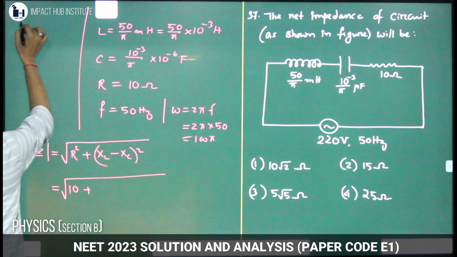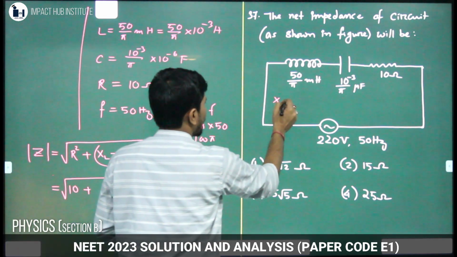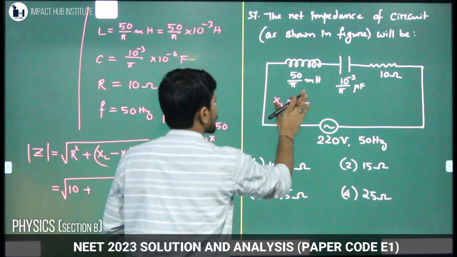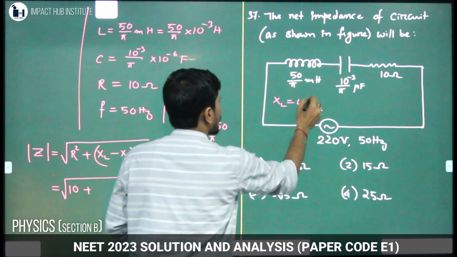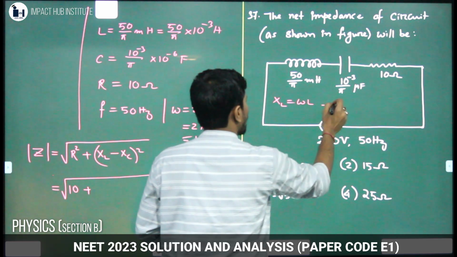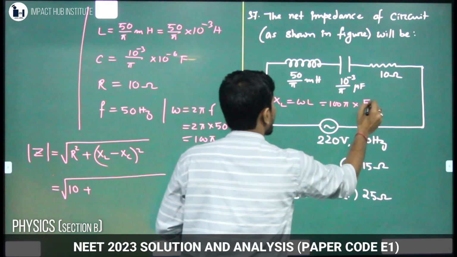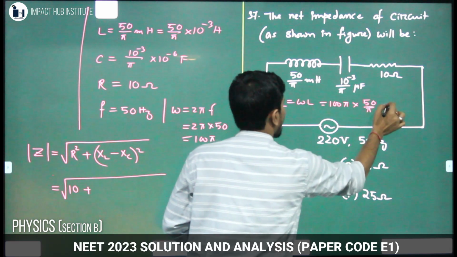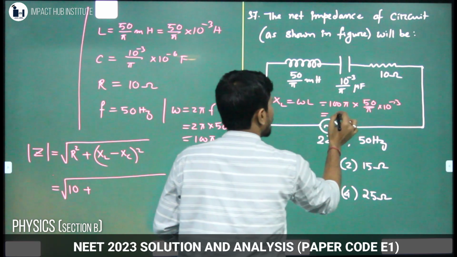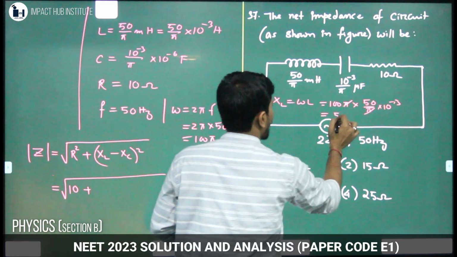The respective formulas are as follows. XL is equal to omega L. So if I put the value of omega, which is equal to 100 pi, and the value of the inductor, it turns out that this is 5000, the 0 will be cancelled with this, so this will be 5 ohm.